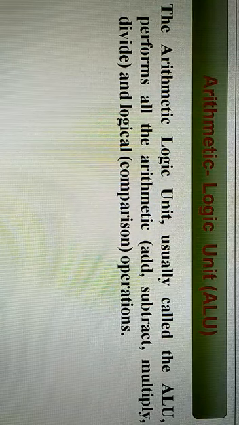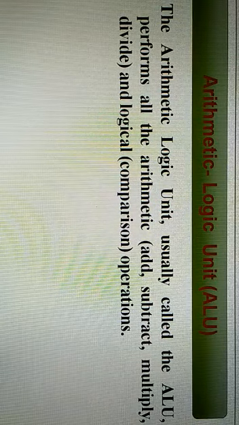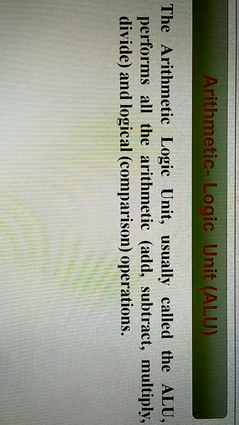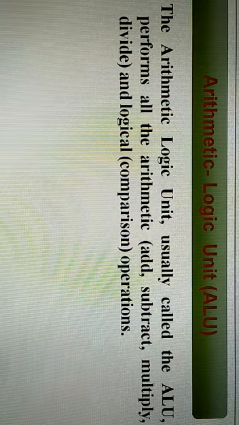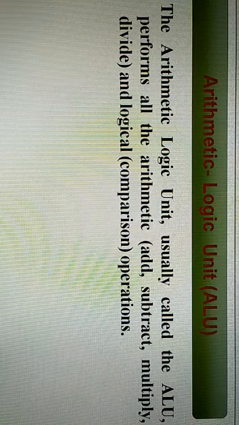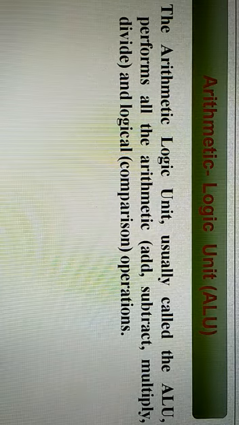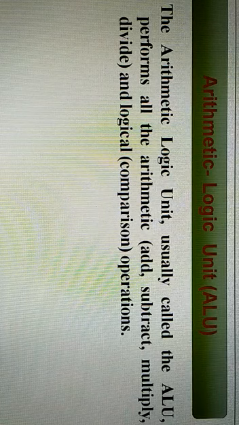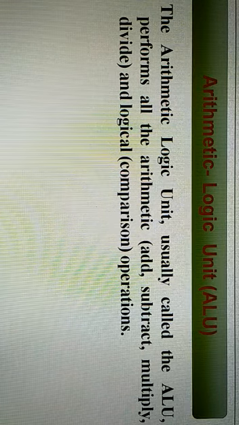As the name suggests, the arithmetic logic unit is responsible to perform the actual calculations, whether the calculation is arithmetical or logical.